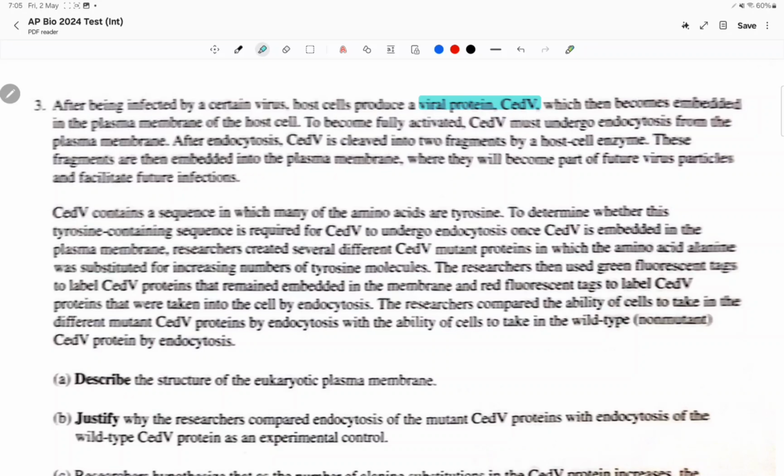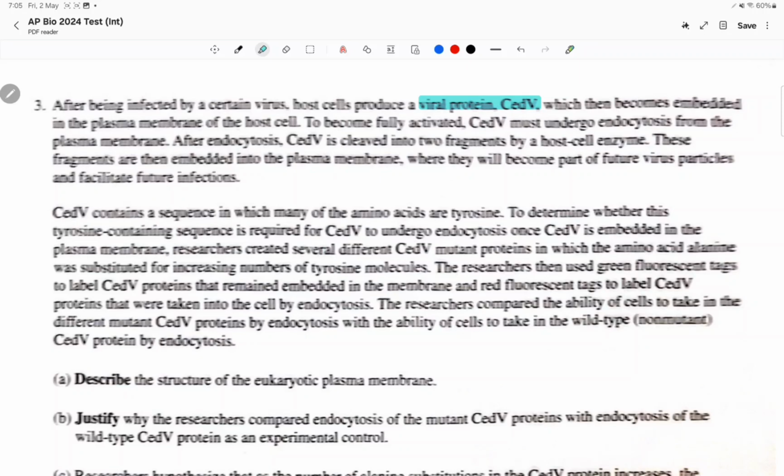So it has to enter into the cell. After endocytosis, SEDV is cleaved. That means it's going to be broken up into two fragments by a host cell enzyme. These fragments are then embedded in the plasma membrane, where they will become part of future virus particles, and they can also facilitate future infections.